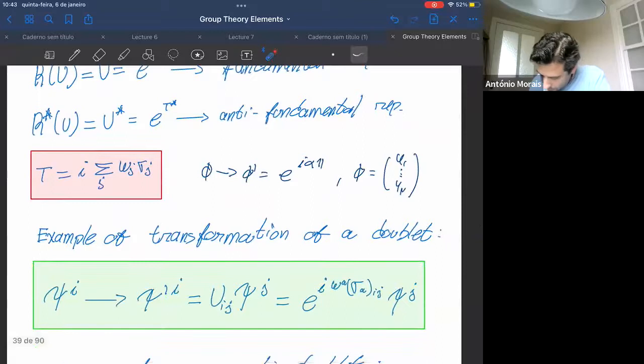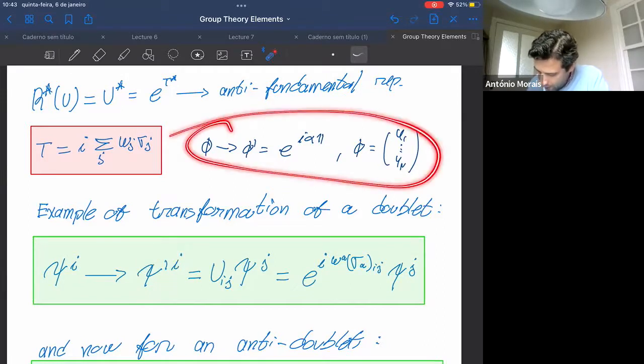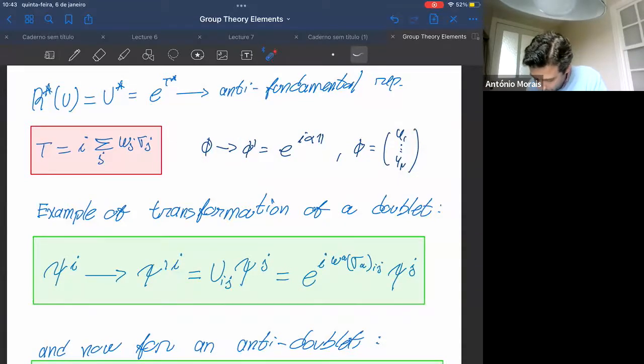And now let's look at some examples. First, the transformation of a doublet. A doublet psi_i goes to psi_i prime, and this is what I was saying above, but for SU(2). The transformation is given in terms of a matrix U_ij, where this j is summed with that j there. And now this is the actual one-to-one correspondence to what I was writing here: this phi prime is this psi prime, the exponential comes here, and the indices are to be matched.